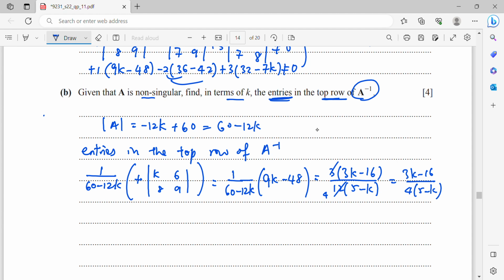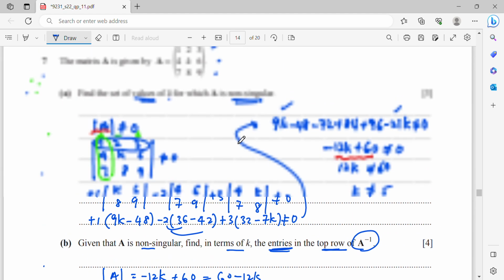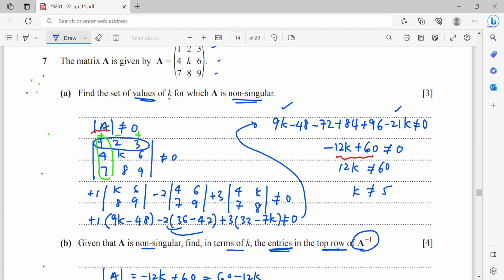Okay, now my next one is going to be 1 over 60 minus 12k, then the sign is minus. Now what I need to do here is, for the inverse matrix, if you still remember, we need to get the adjoint matrix.